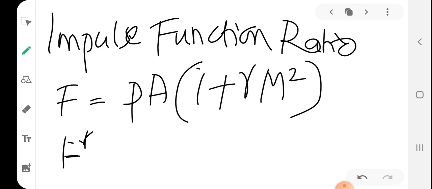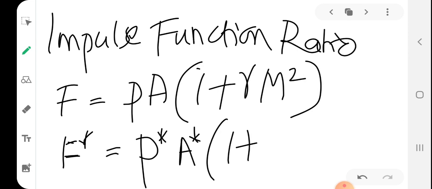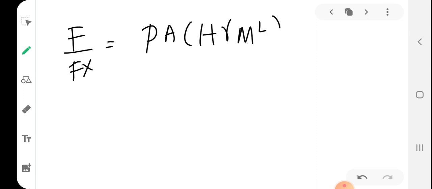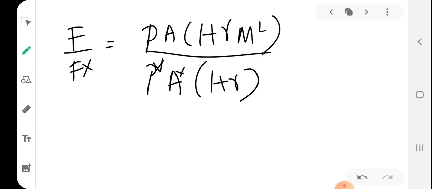So what will be F star? F star is the value where area is minimum and Mach number is 1. So F star will be P star into A star into (1 + gamma), because M equals 1. So the impulse function ratio F by F star will be P A (1 + gamma M squared) by P star A star (1 + gamma), right?